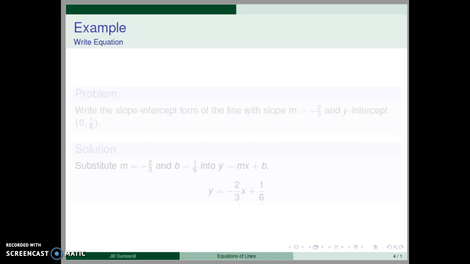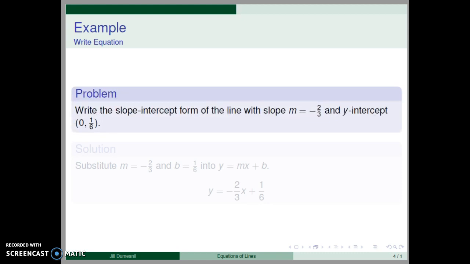Now let's consider an example in which we need to find the equation of a described line. The problem is to write the slope-intercept form of the line with slope m equals negative 2/3 and y-intercept 0, 1/6. Recall that a solution to a problem involves giving complete justification for the final answer.